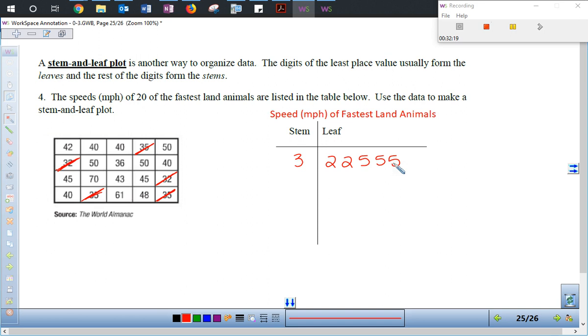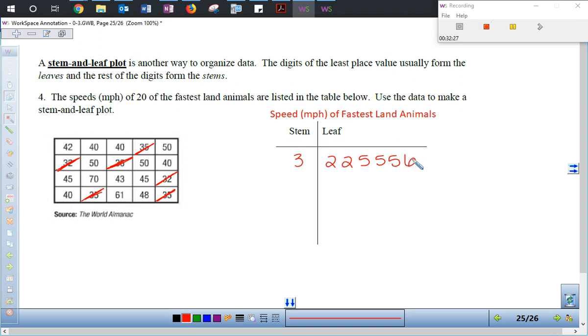The next smallest number is 36. Add a 6 and cross it off. So here I have my 30s: 32, 32, 35, 35, 35, and 36. It's just a nice way to organize your data so it doesn't take up a lot of room and it's easy to read.